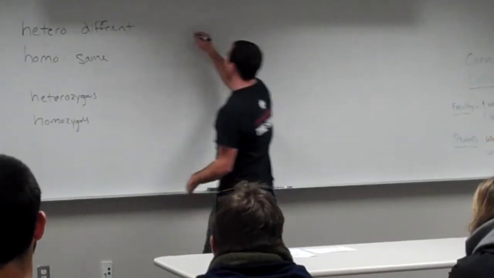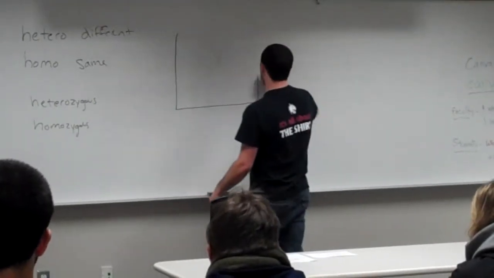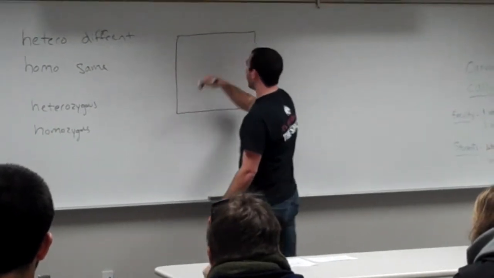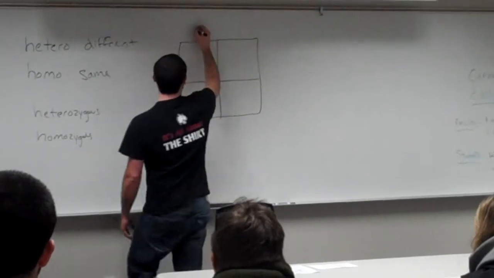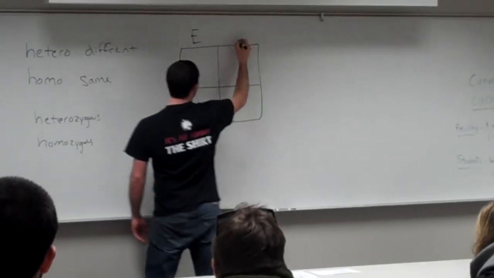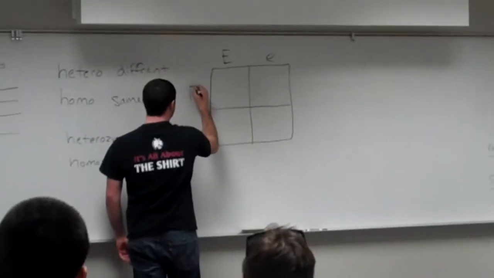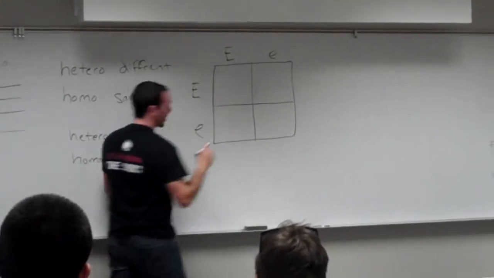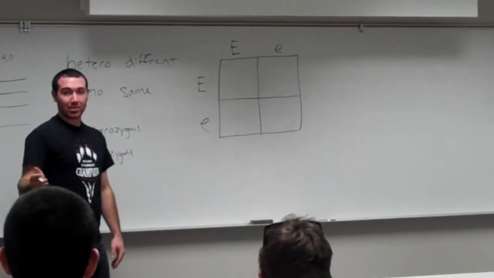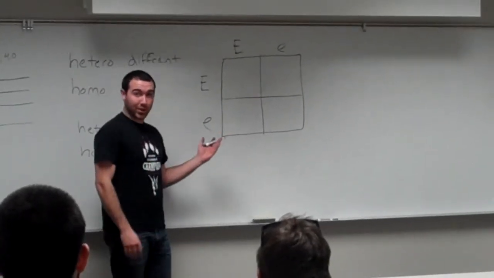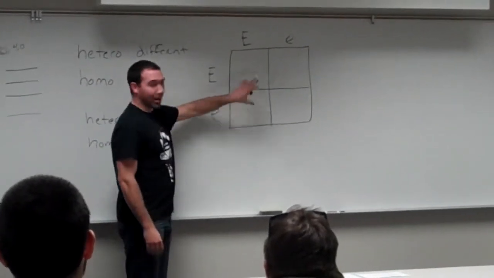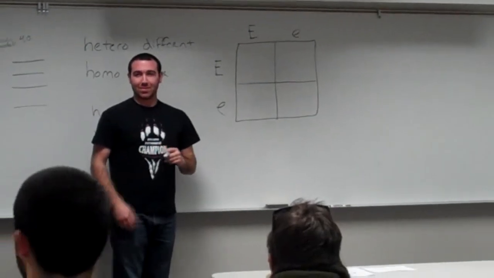So now we're going to do a Punnett square, and I'm going to give you guys two heterozygous parents. Can someone tell me what heterozygous means again? Different. So they have different alleles. Now, does any one of you guys want to come up here and fill out this Punnett square for me?